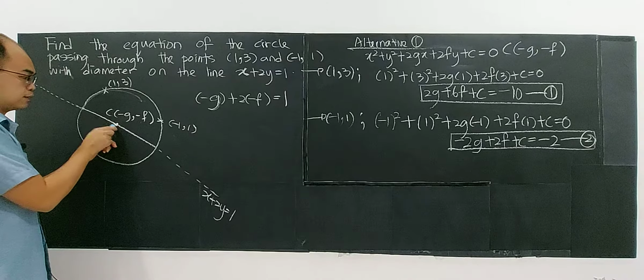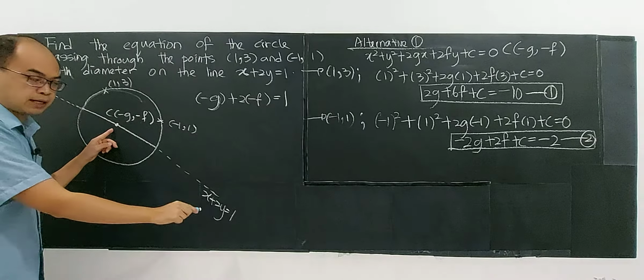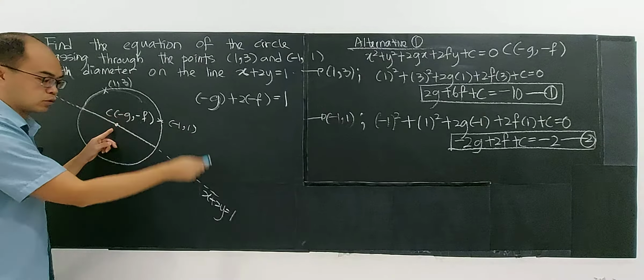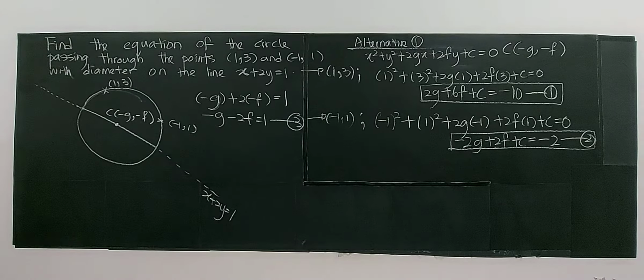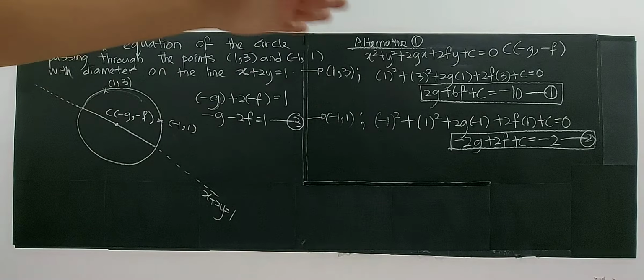This center is on the diameter and the diameter is on the line, so definitely this point is on the line. Then we have negative G, negative 2F equals 1 as the third equation here. So now we have 3 equations, and after finding the values of G, F, and C, we can get the equation of the circle.